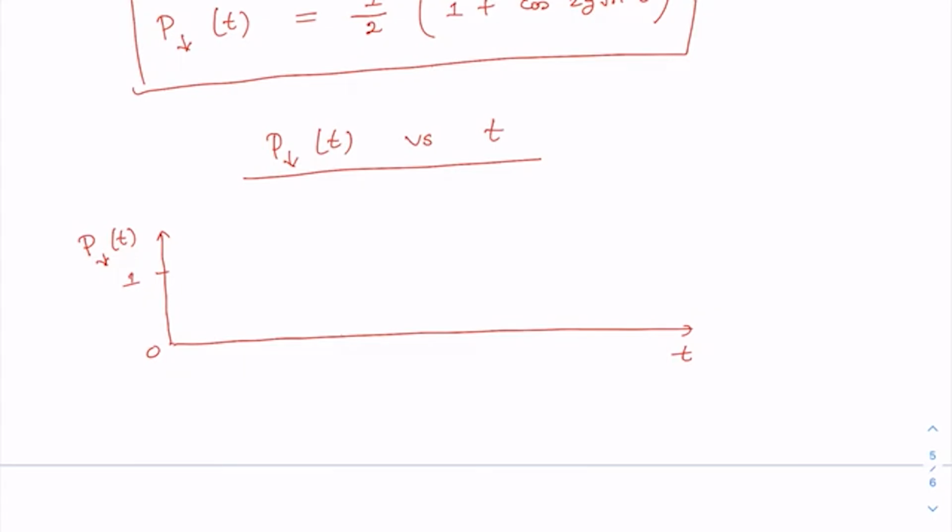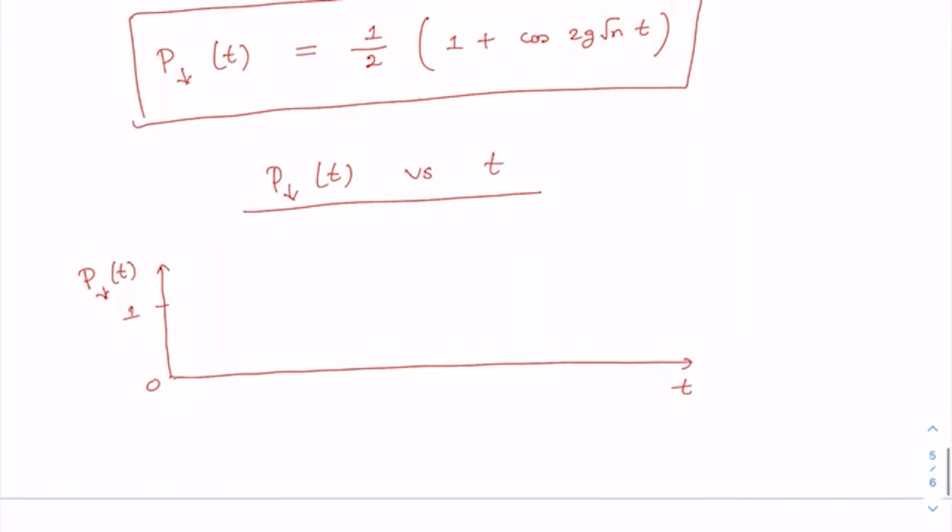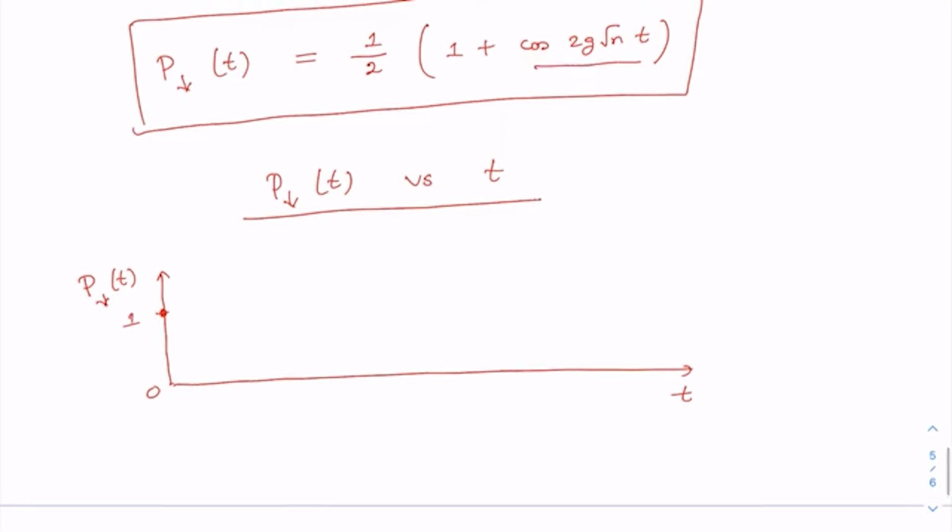So at time t equal to 0, we have prepared our system in the ground state. The atom is in the ground state, so we'll start here, and later at some time t, this cosine term will become -1, so this probability will go to 0.